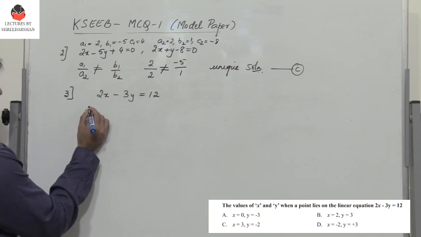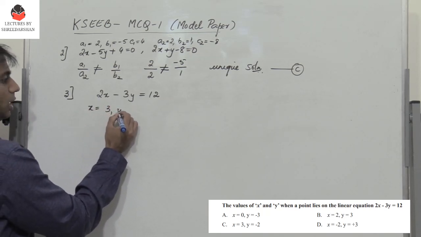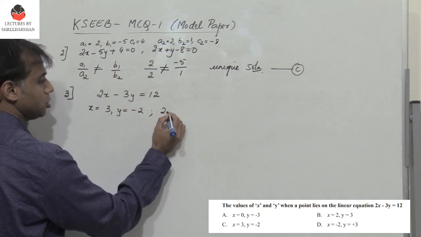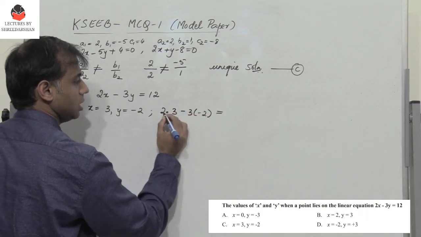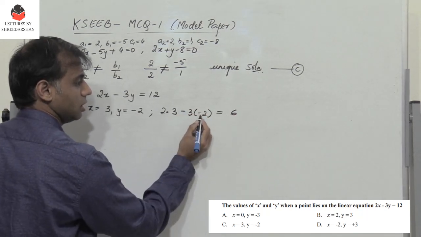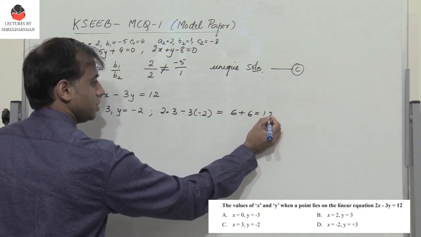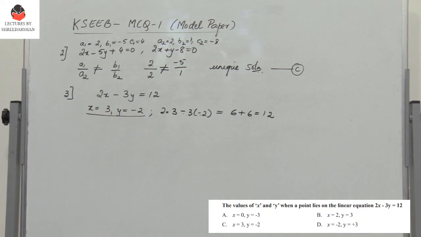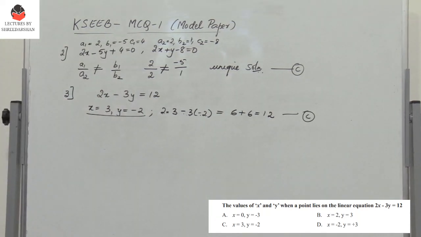If I put x equal to 3 and y equals minus 2, what do I get? 2 into 3 minus 3 into minus 2. 2 into 3 is 6. Again, minus into minus is plus, 3 into 2 is 6. So 6 plus 6 gives me 12. So the value of x and y is 3 and minus 2. That gives me the option C.